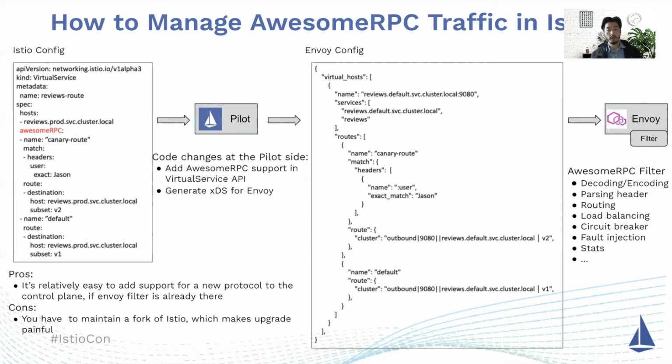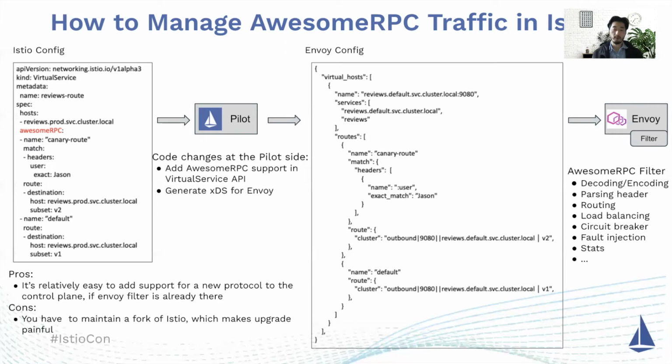Then we need to put an OpenRPC TCP filter in the filter chain of the listener and generate the OpenRPC related configuration in the Pilot code for Envoy. Then Pilot will send the generated Envoy configuration to all the Envoy sidecars in the data plane. So that's it.